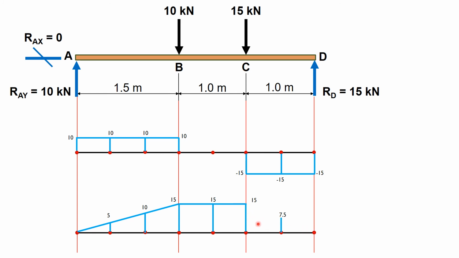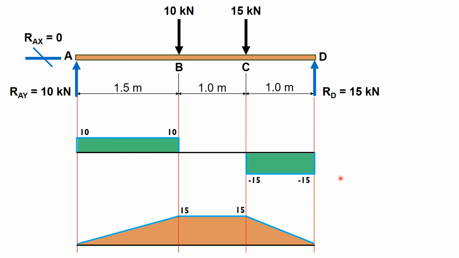So, ibig sabihin, from C to D, there's also constant rate of change ng values kasi for every point, merong nababawas na 7.5 kilonewton meter. So that when you connect these points, you will have a straight line also. So this is now your shear and moment diagrams for the first problem.